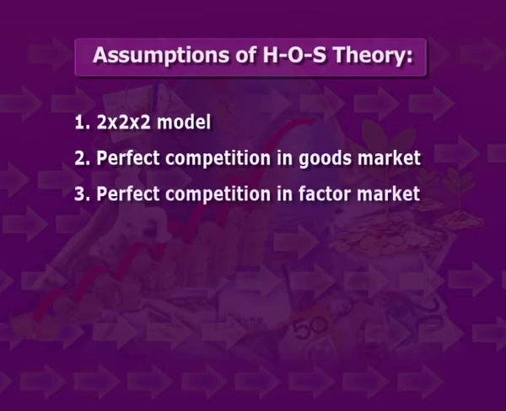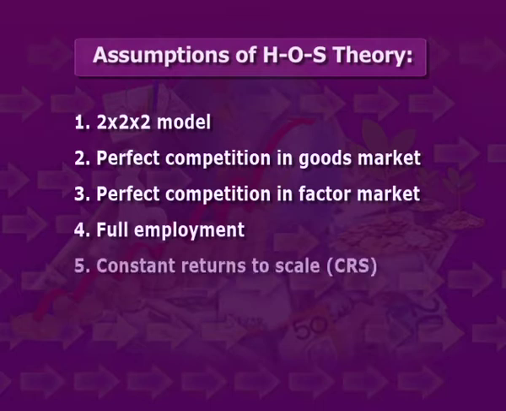There is perfect competition in factor market, which means that neither labor nor capital has the power to affect price or factor rewards. There is full employment in both nations. There is constant return to scale. It exhibits that doubling the input, that is labor and capital, output will increase by twofold.